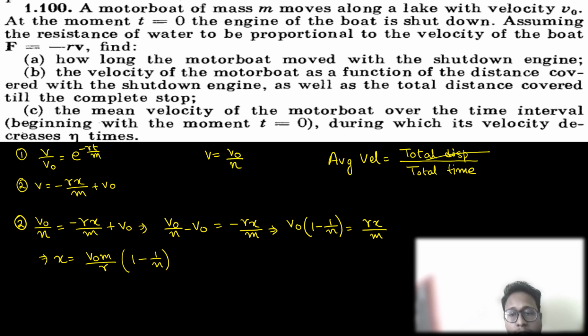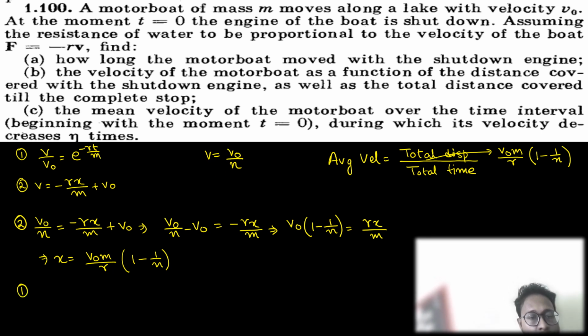So the total displacement equals v naught m by r, 1 minus 1 by n. Now what is the total time? You have to find the total time from this equation, by putting v equals v naught by n. So v naught by n divided by v naught equals e to the power minus rt by m.